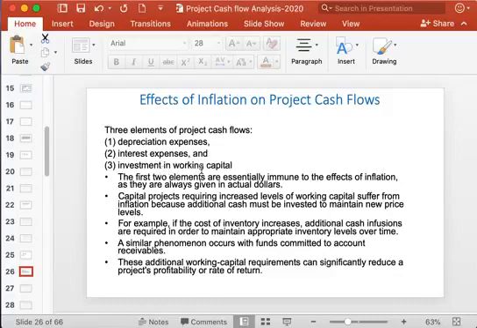Whereas the investment in working capital will be affected, so we need to take care of the change in the working capital requirement every year.